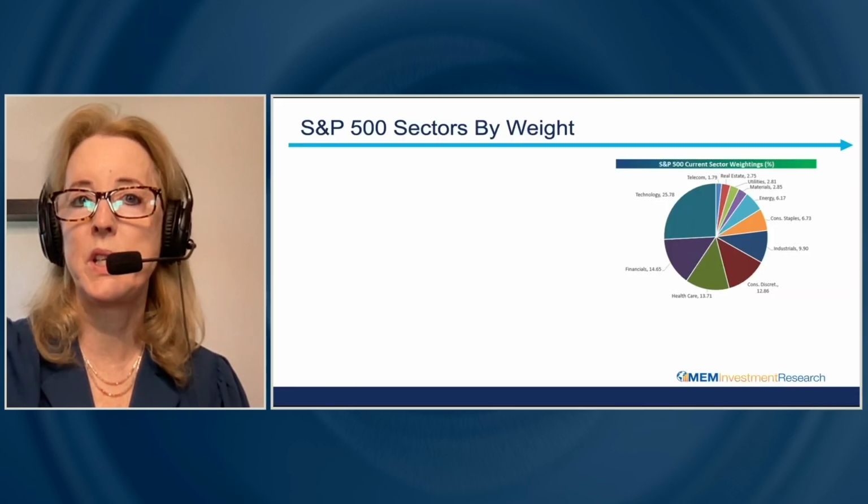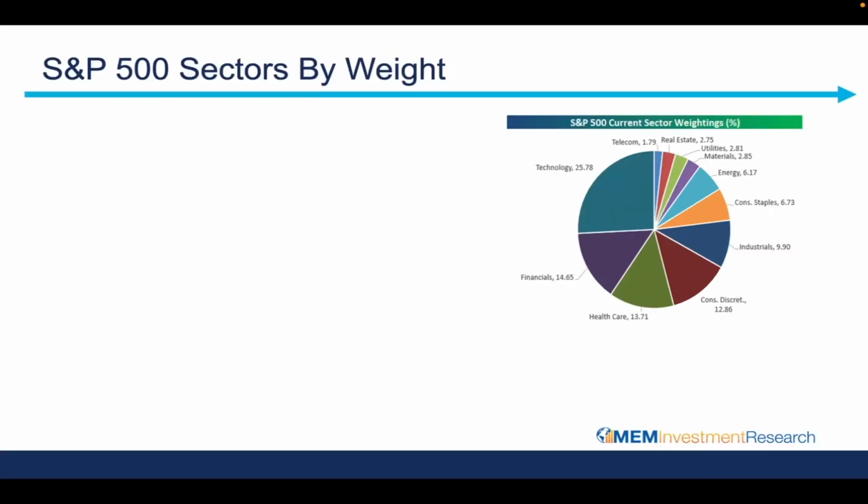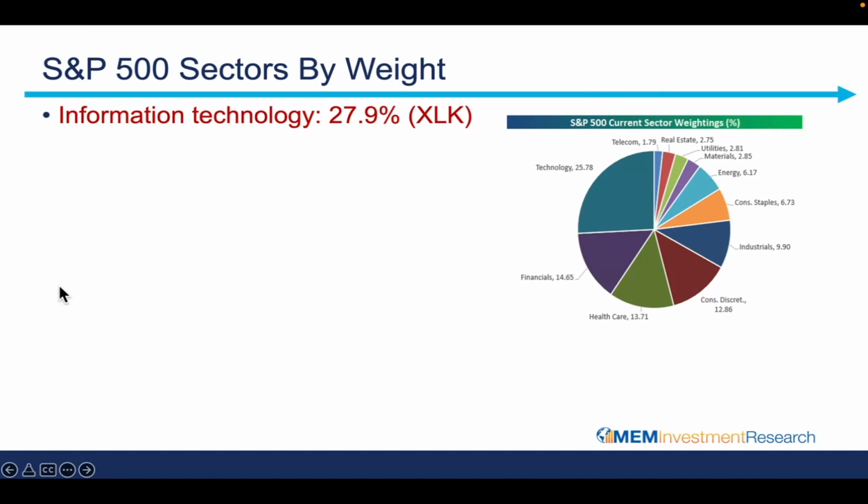So here we are with the S&P 500 sectors, and I'm going to share with you those 11 underlying sectors that are in the S&P 500. First up is information technology, and it accounts for a whopping 28% of the entire S&P 500.